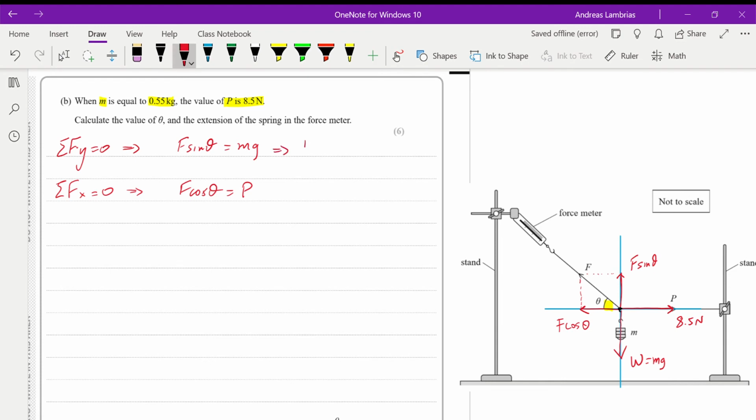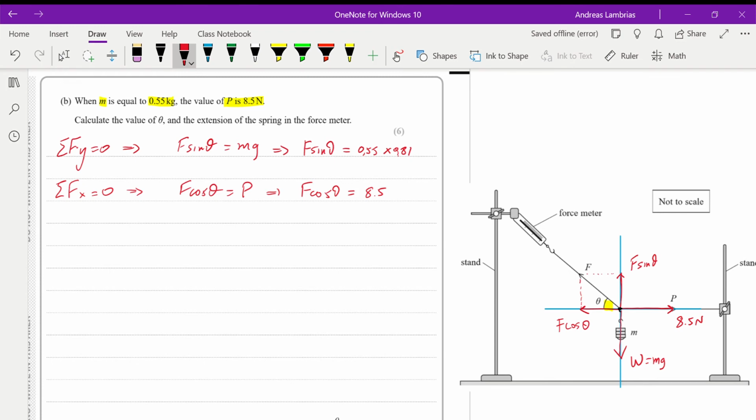So F sine theta equals mass times g, which is 0.55 times 9.81. No need for the bracket actually. And then F cos theta will be equal to P, which is 8.5.